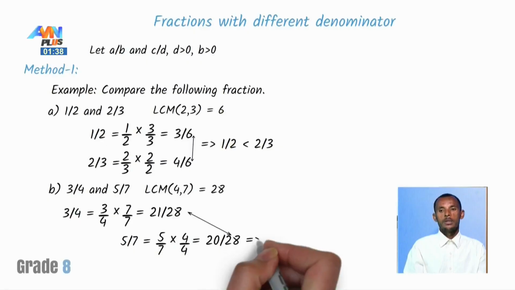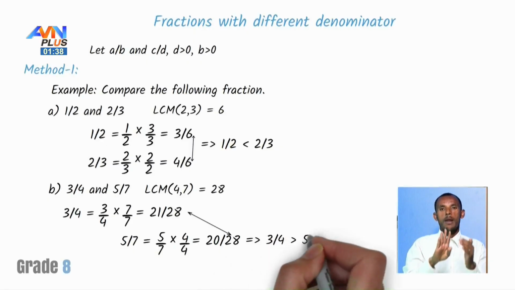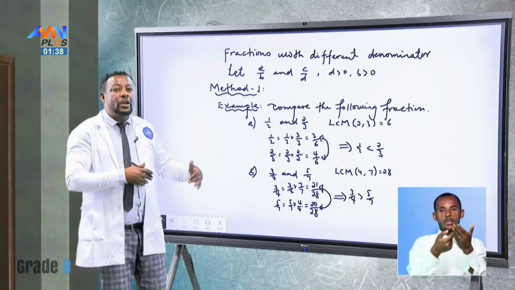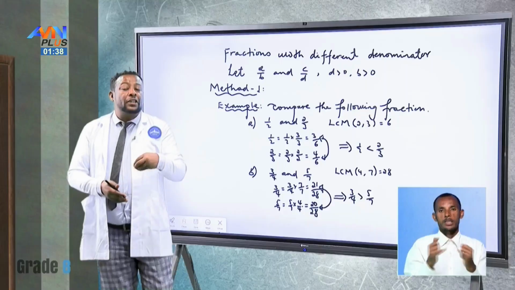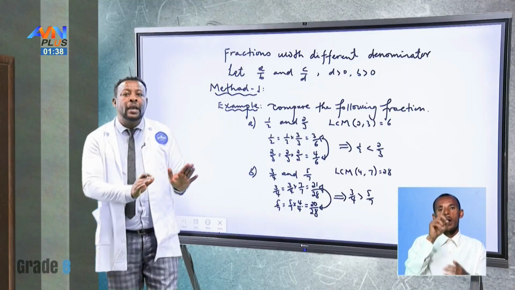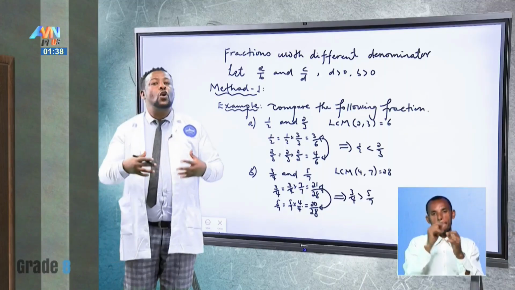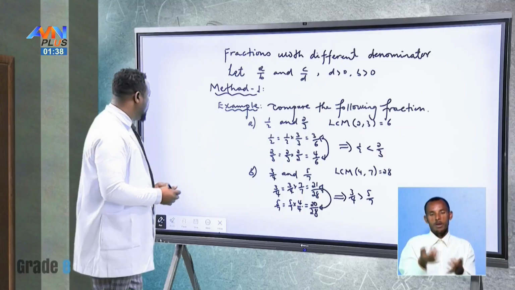So this is how we compare different fractions having different denominators. This is one method. I will show you the other method of comparing two or more fractions. Now, let's see the second method.